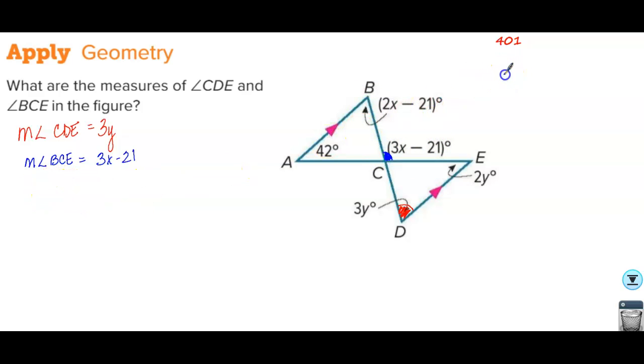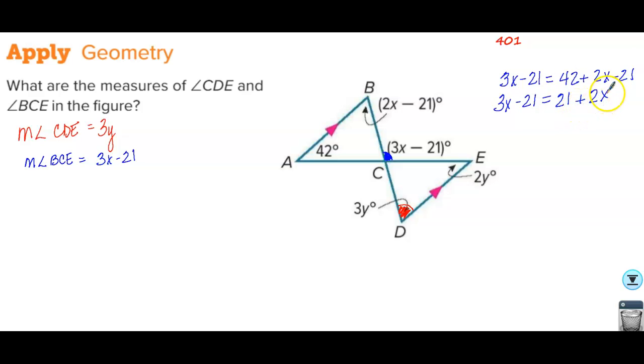So we know that 3x minus 21 is equal to 42, that's this guy right here, plus this guy, 2x minus 21, right? So we can subtract 21 from 42. Let's kind of clean this up a little bit. If we subtract the 21 from the 42, we get 21 plus 2x, all right?